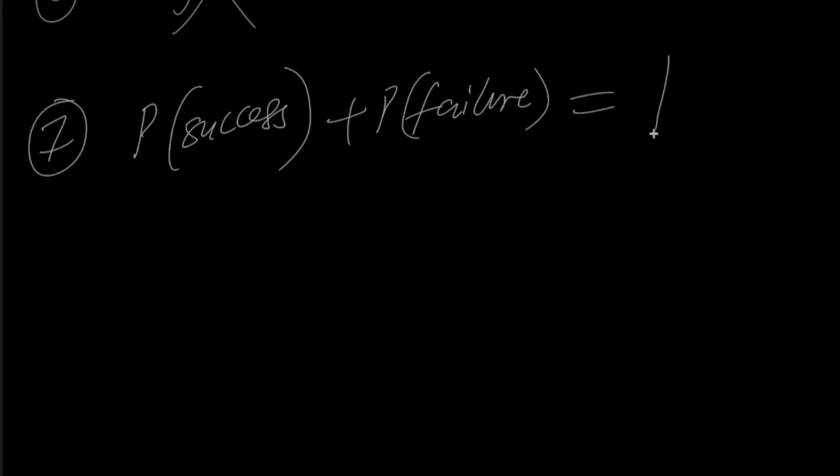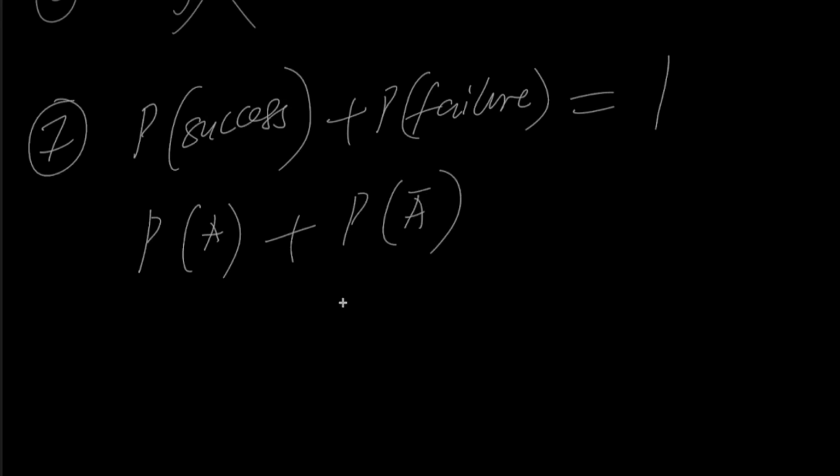Another point you must take note of is, for any event, the probability of success plus failure is always going to be equal to 1. So, if we are looking at A, the probability of failure of A is this.